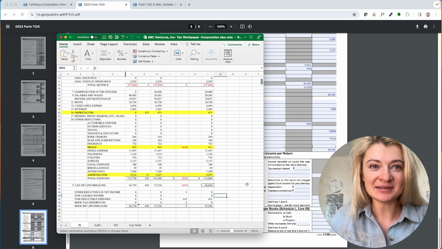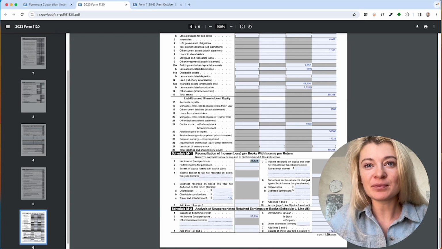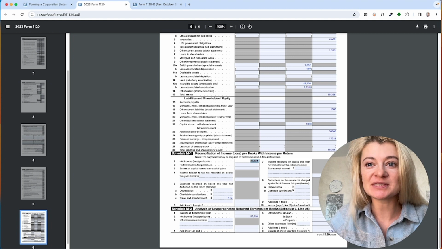Whichever is higher, which is this one, should be tax. So this is our tax and this is our books. Originally, for books, we deducted more meals and entertainment because they're deductible for books, but not for tax. So for tax, we'll have a little bit bigger income because we take less deduction. So this should reconcile to our internal books.